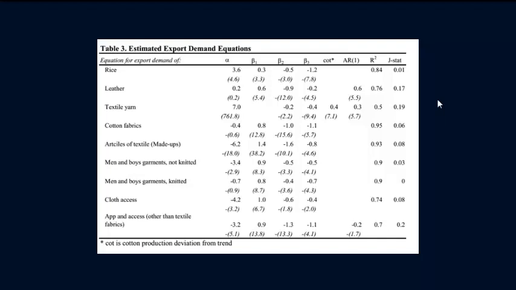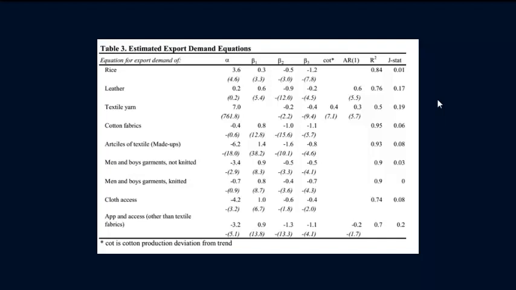So here beta 1, which is positive, this is the impact of world aggregate demand. And so you can see that the textile is 1.4, which is the largest coefficient.